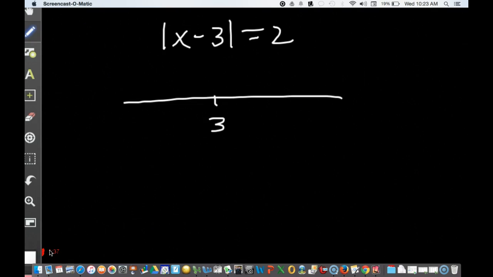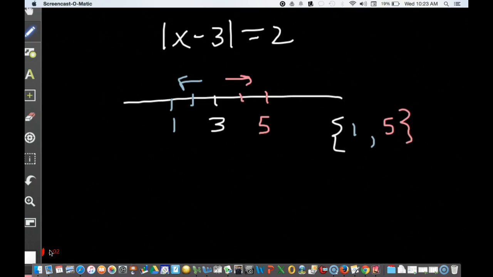Again, we can go 2 to the right, which would put us at 5, or I could go 2 to the left, which would put us at 1. So if I solve this equation in a kind of number line idea, we would see that our answer would be both 1 and 5.